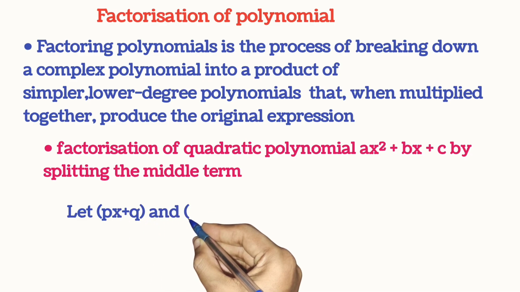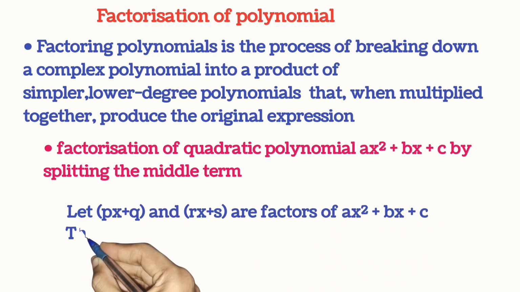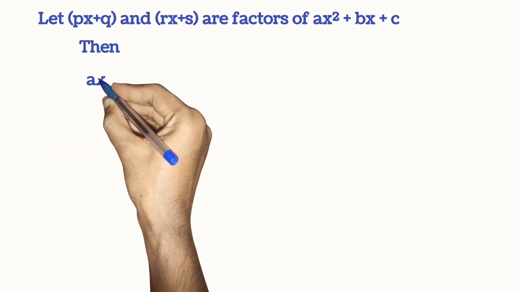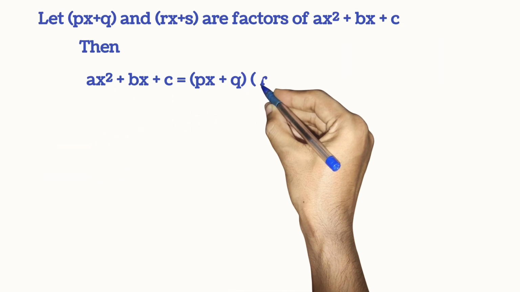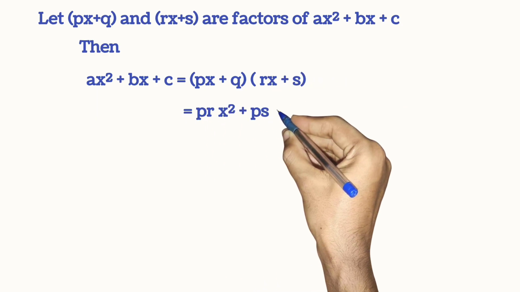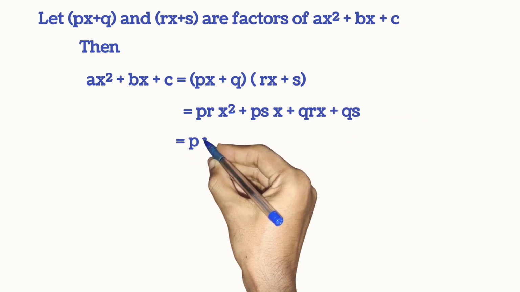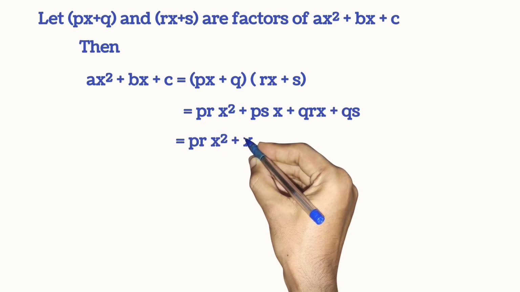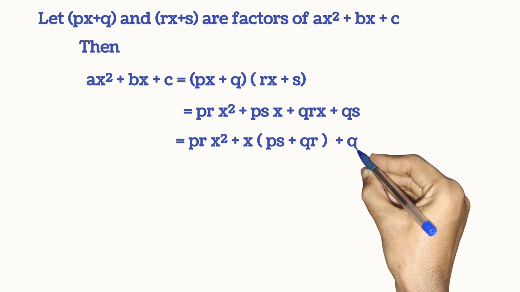Let px plus q and rx plus s be factors of ax square plus bx plus c. Then we can write ax square plus bx plus c equal to (px plus q) into (rx plus s). Now multiply: prx square plus psx plus qrx plus qs. Then taking x as common, we get prx square plus (ps plus qr)x plus qs.